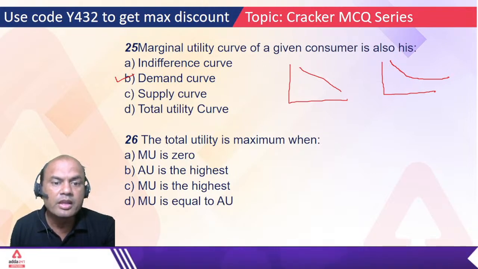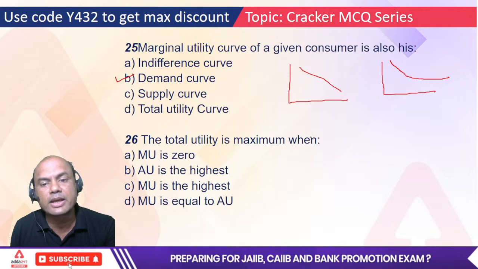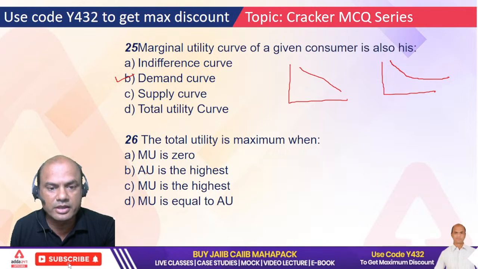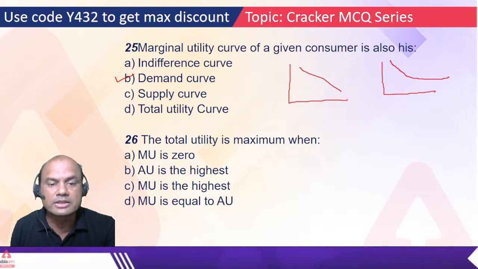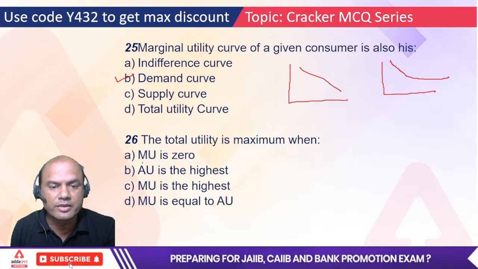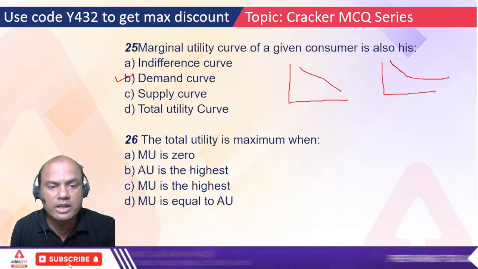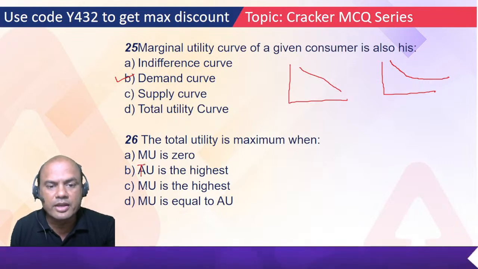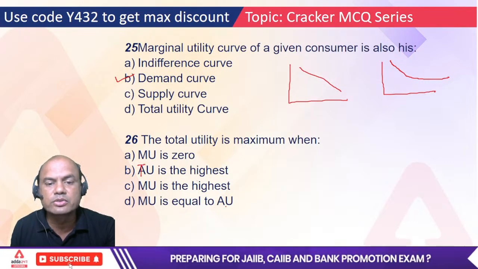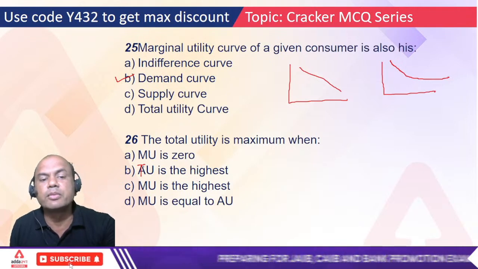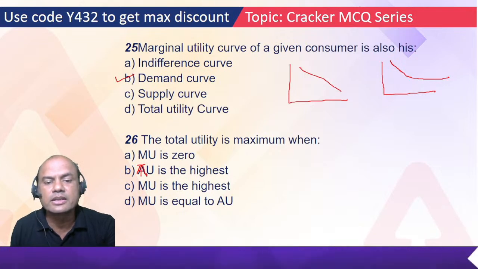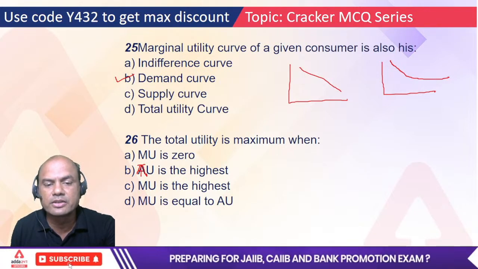Okay, next one. The total utility is maximum when marginal utility is 0... Options: AU is highest, marginal utility is highest, marginal utility is equal to AU, and marginal utility is 0.